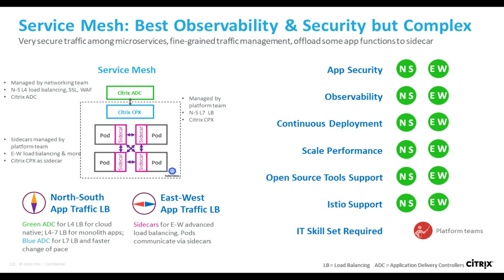As sidecars are intelligent, they can support many more APIs. It offers excellent open source tool support, which Miko is going to talk about pretty soon. This is also a great architecture if you want to bring an open source control plane like Istio for east-west traffic also.